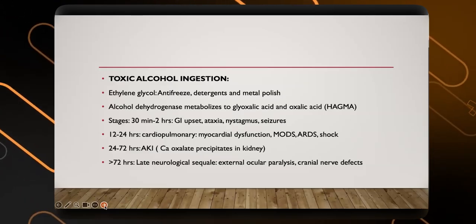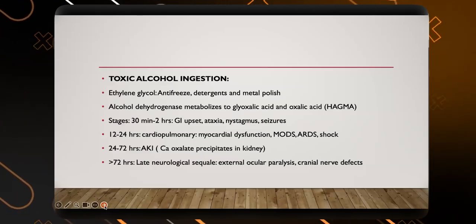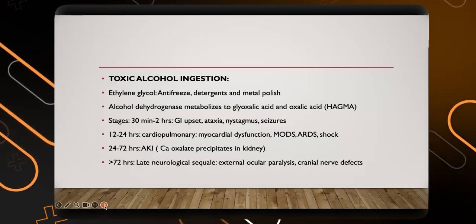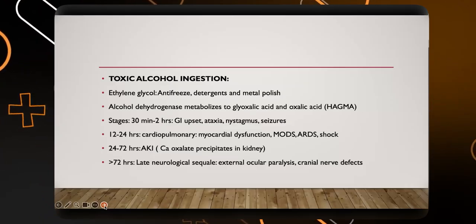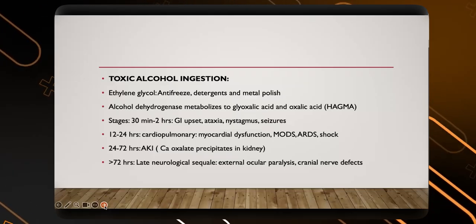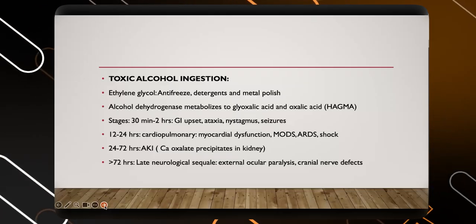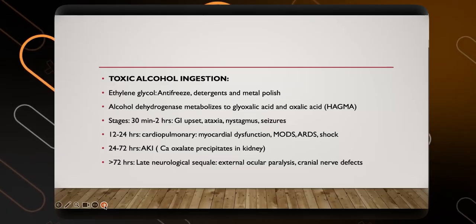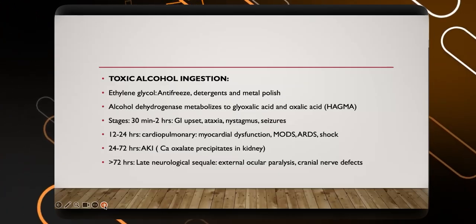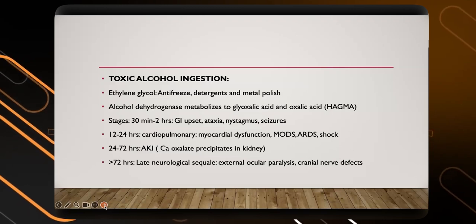Within the first 24 hours, it's usually cardiopulmonary, that is myocardial dysfunction. The patient may develop multi-organ dysfunction, ARDS, and shock. Within the first 72 hours, AKI because of precipitating calcium oxalate crystals in the kidney. And more than 72 hours, it's late neurological sequelae, leading to external ocular paralysis and cranial nerve defects.